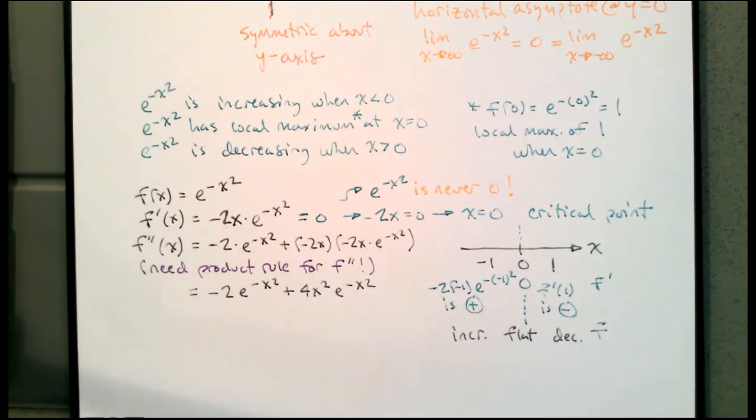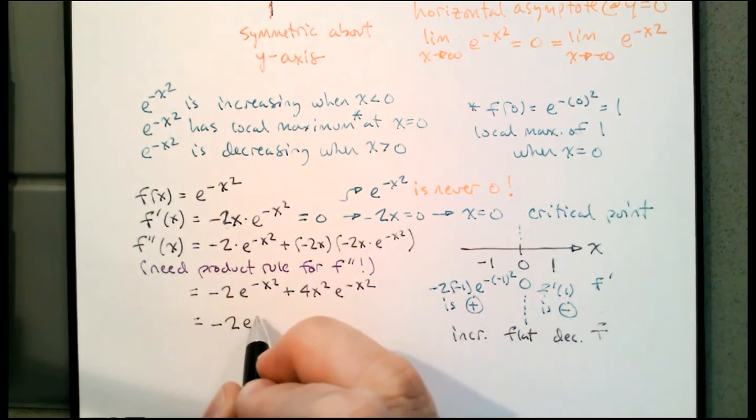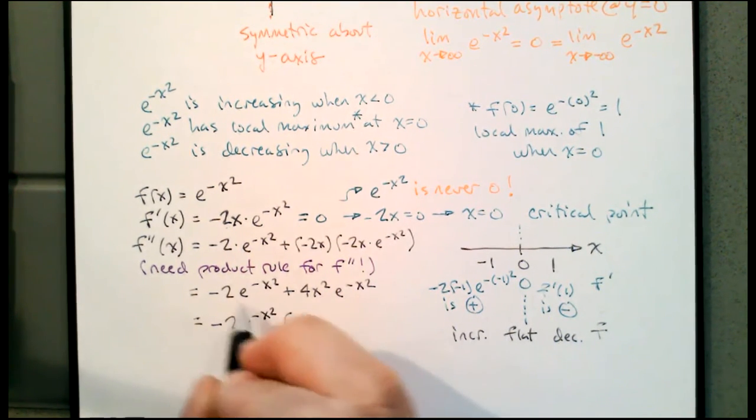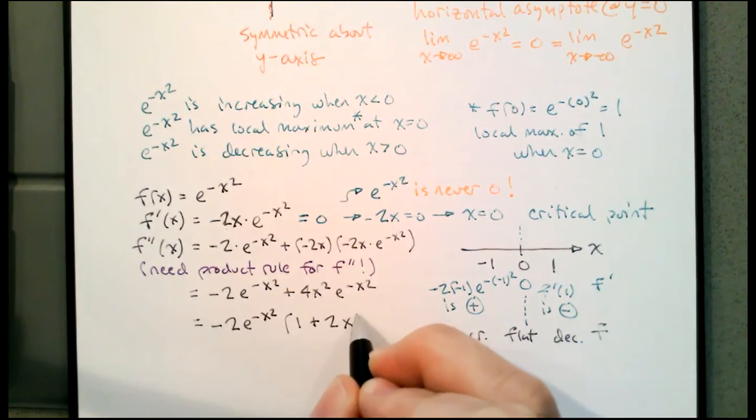That would be perfectly acceptable for a quiz answer. Since we're working with it, it's going to be useful for us to factor out the e to the minus x squared. And while we're at it, I'm going to factor out the -2. So I have -2 e to the minus x squared times 1 plus 2x squared.